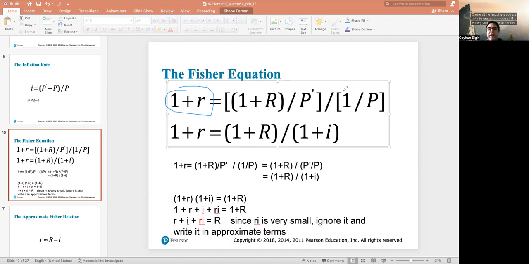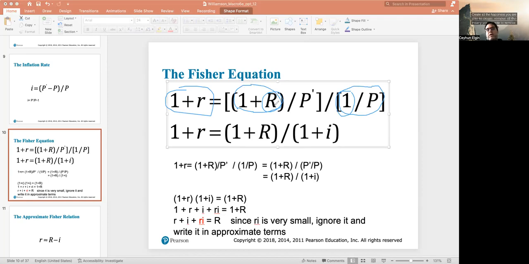Now, if I have a $1 bond today, its purchasing power is 1 divided by today's price level. That $1 bond gives a nominal interest rate equal to R, and it becomes 1 plus R next year.